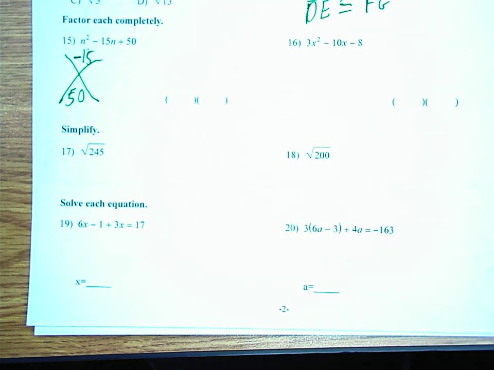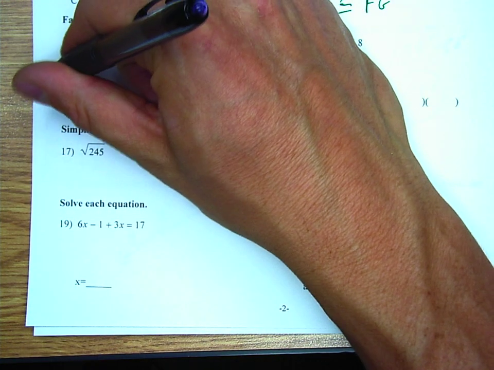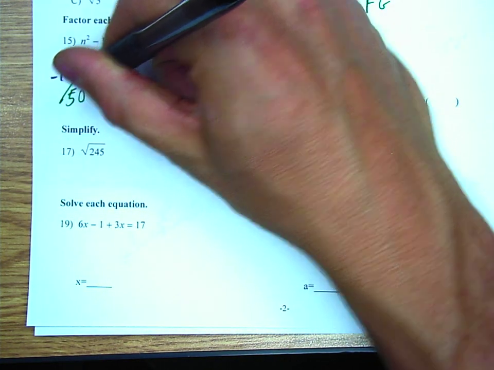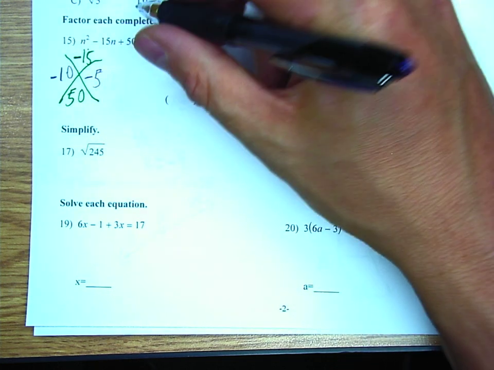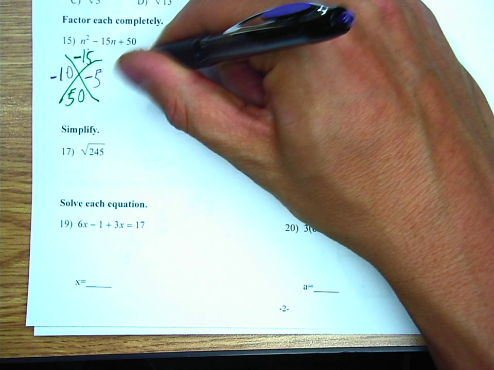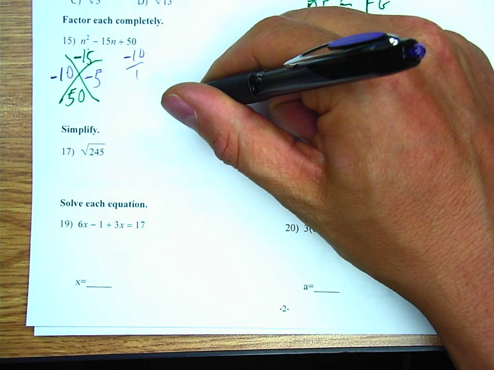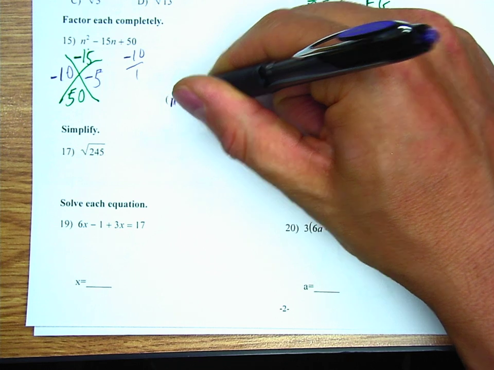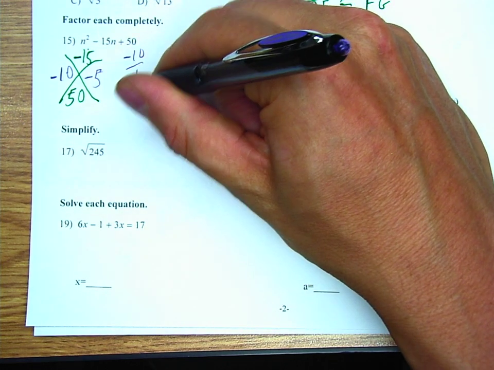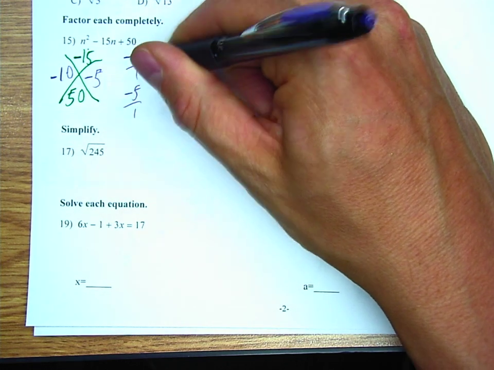Well, to make 15 from 50, it's going to have to be 10 and 5. Negative 10, negative 5, because they multiply to positive 15 and add to make negative 15. Because a is 1, my factor here is n minus 10, and then the other factor is n minus 5, because negative 5 over 1, negative 10 over 1.